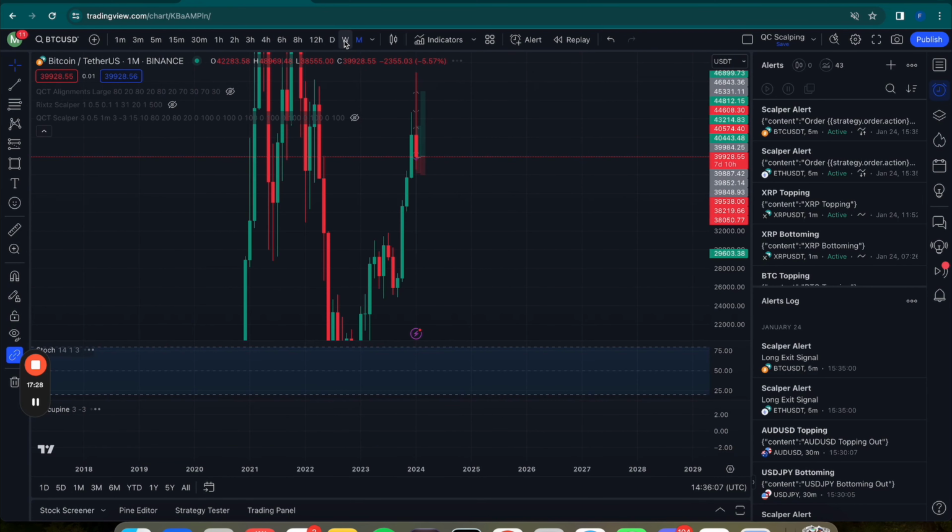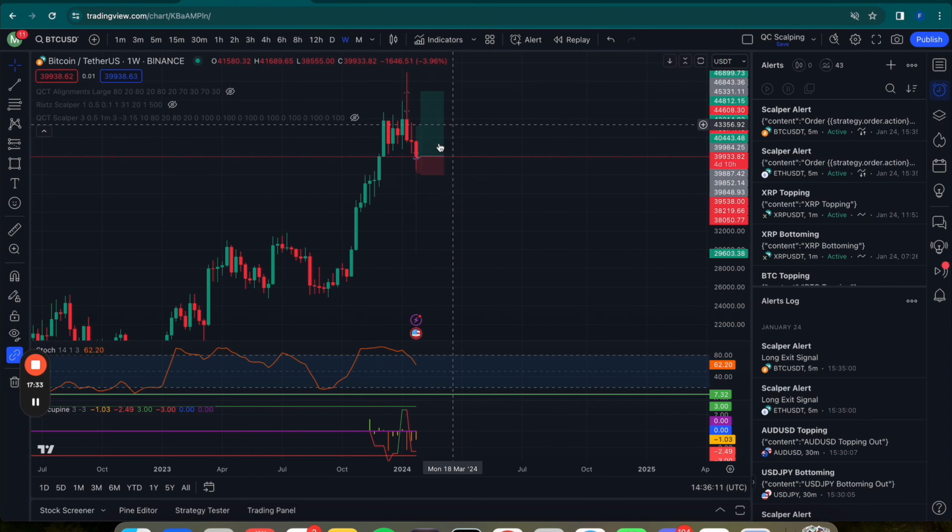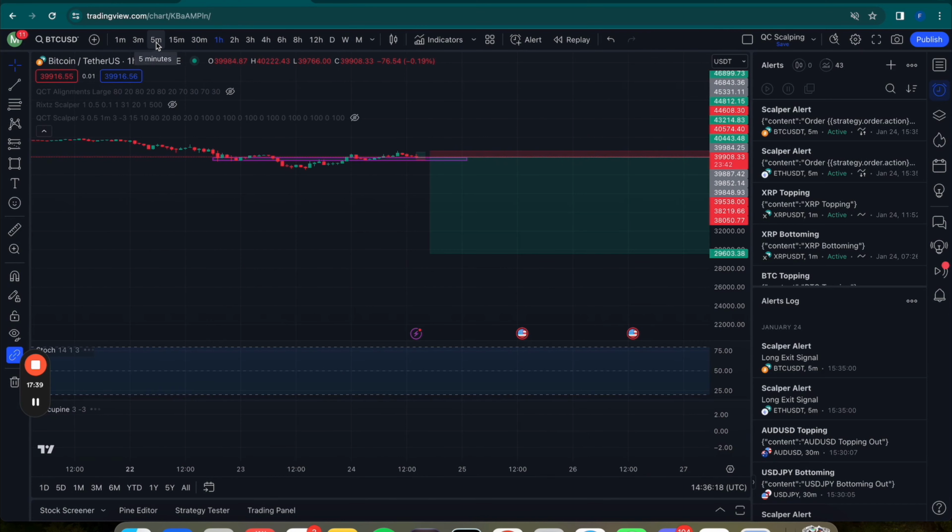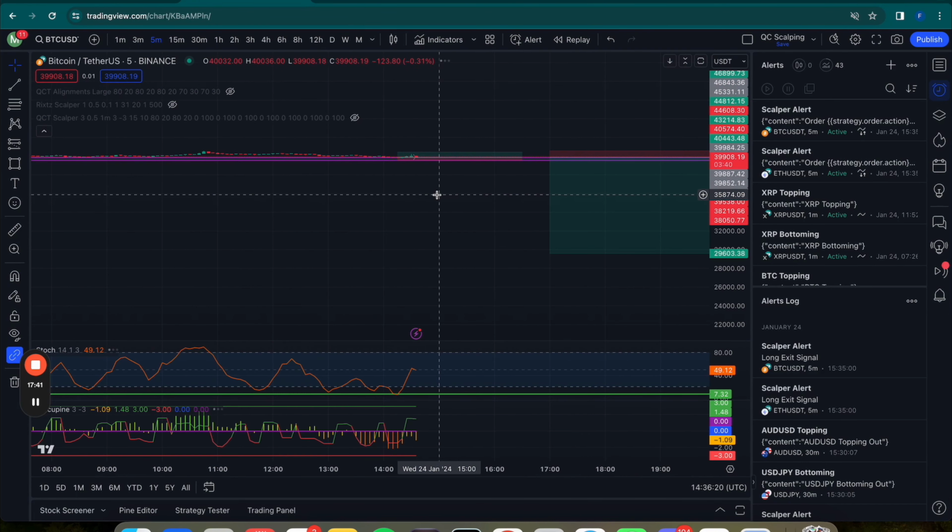But these ones are pushing down quite a lot. So if this move plays out, then we could even see 25K, right? So this is a possibility. I'm not going to say it's going to happen.